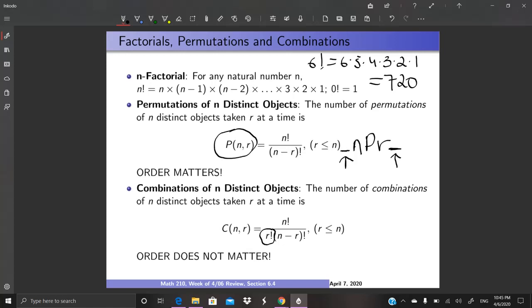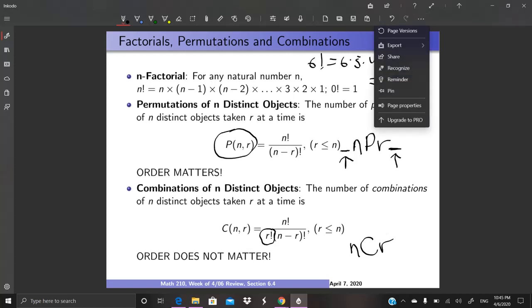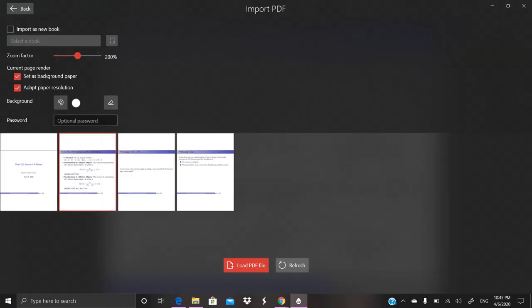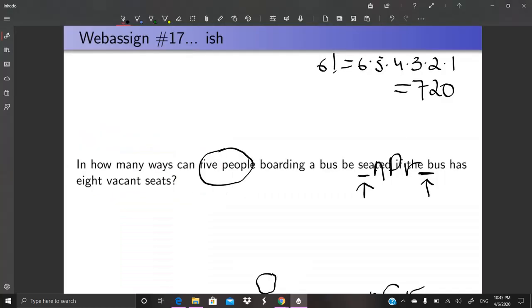So whenever you ask yourself which one to use, you have to ask yourself, does the order matter? And on the calculators, you'd be using the nCr option.